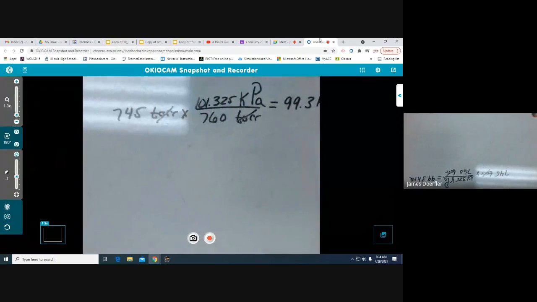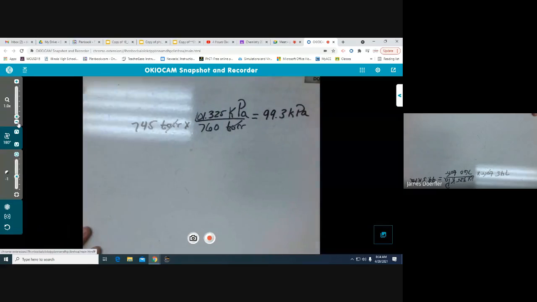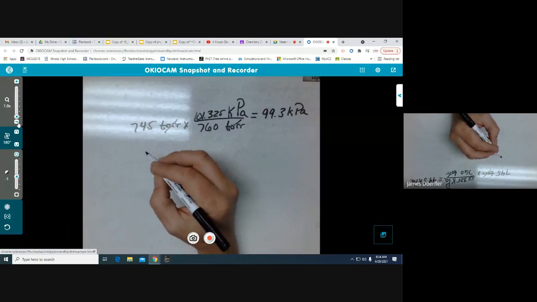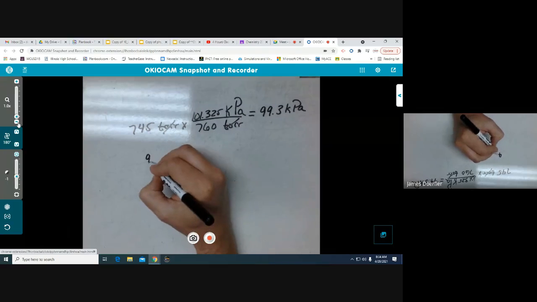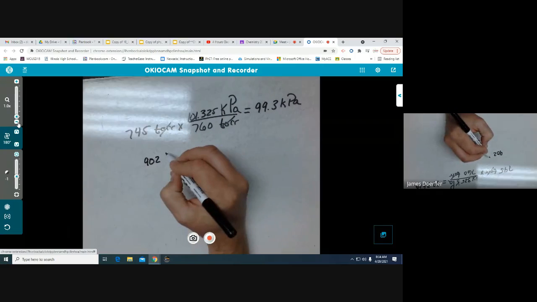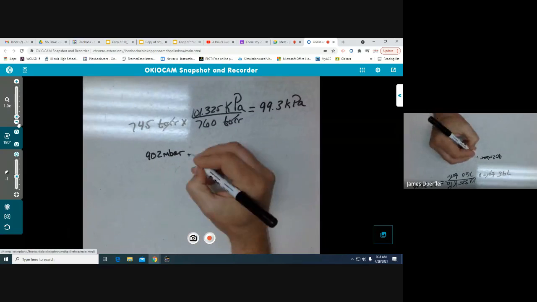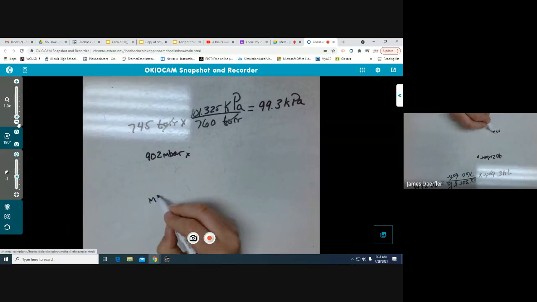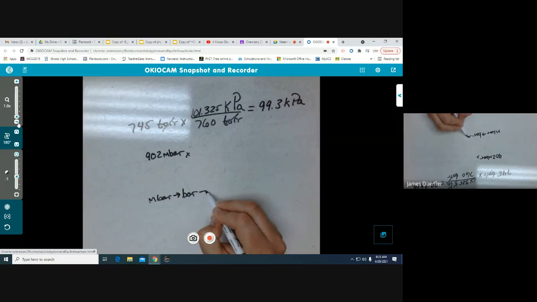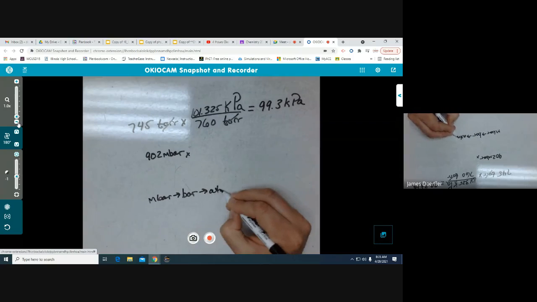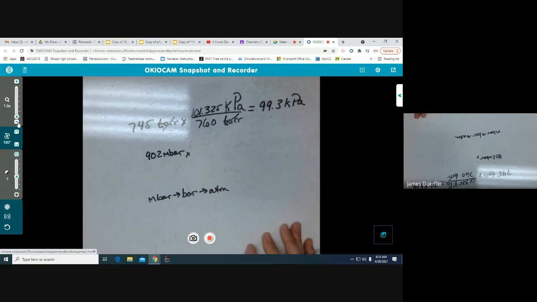So what we have to do is, just like any other time, write what we are given first: 902 millibar. Again, we're going to go from millibar to bar, from bar to atmospheres. That's our plan of attack.